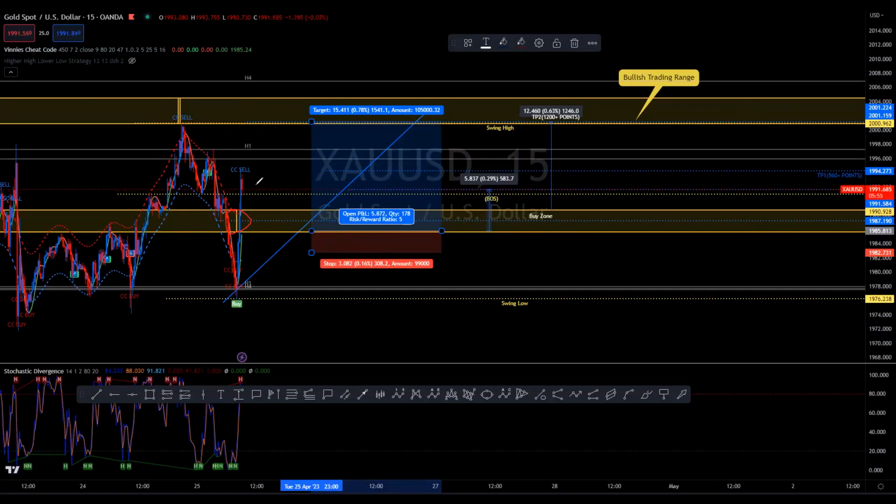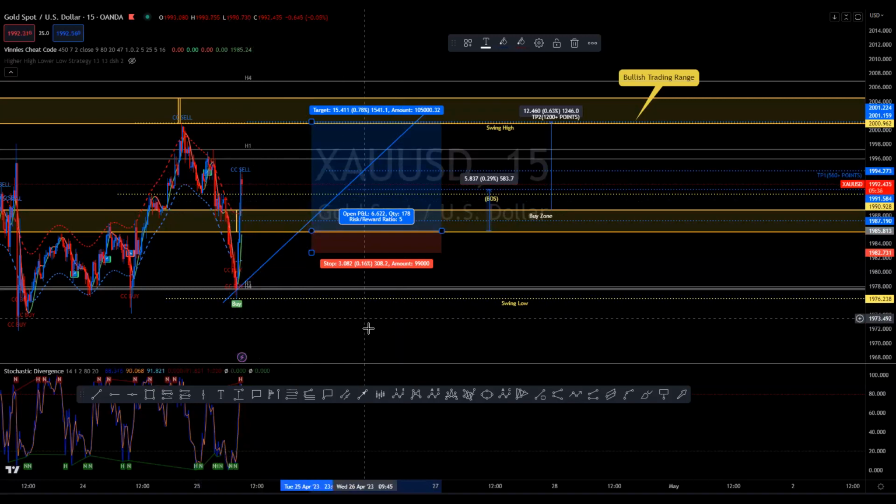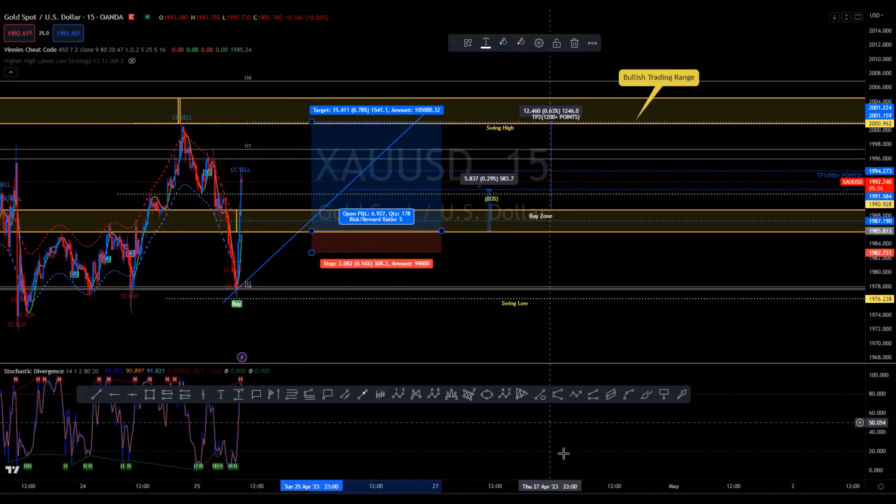Because of that, I might change my bias and say that price might sell. Yeah, I might change my trading range and my direction because I see price really sticking out of the Bollinger Band. That's a sign of extreme in the market. So let me change some things real quick.